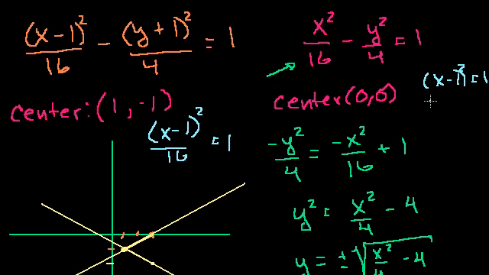Take the square root of both sides. x minus 1 is equal to positive or negative 4. And so if x minus 1 is equal to positive 4, if you add 1 to that, x would be equal to 5. And then if x minus 1 is minus 4, and you add 1 to that, you would have x is equal to 3.